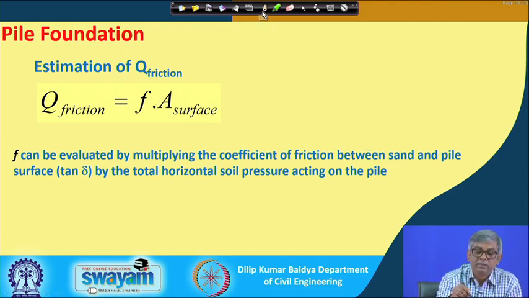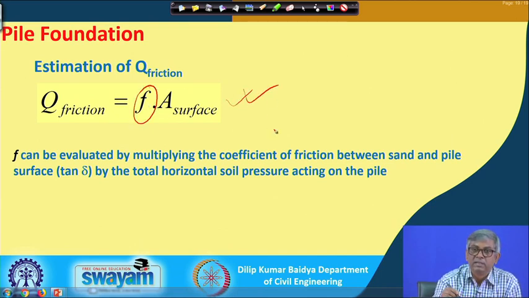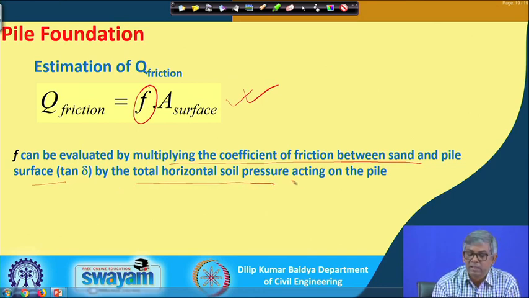If it is a cylindrical pile, then we know A surface, but F has to be estimated. F can be evaluated by multiplying the coefficient of friction between the sand and the pile surface, that is tan delta, by the total horizontal soil pressure acting on the pile.